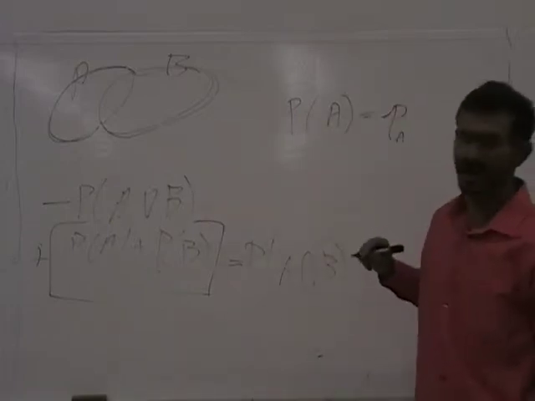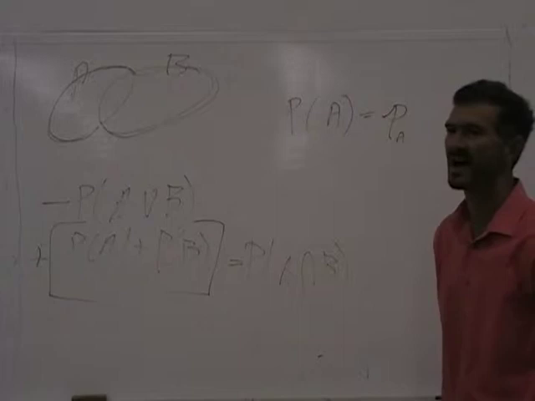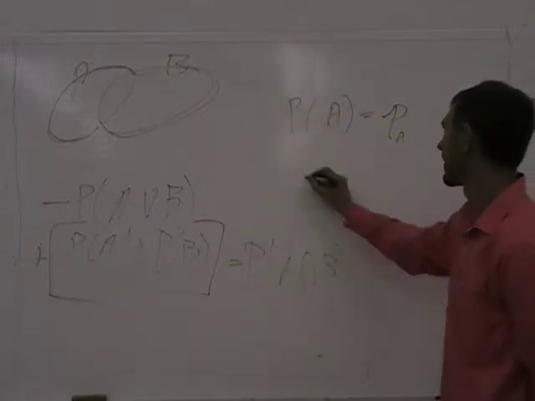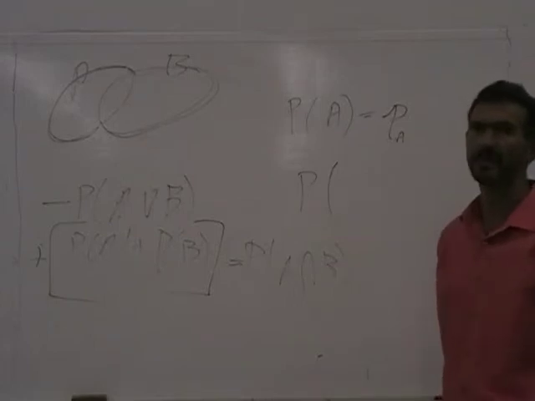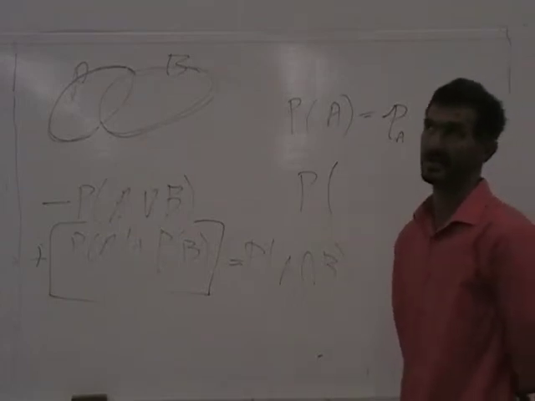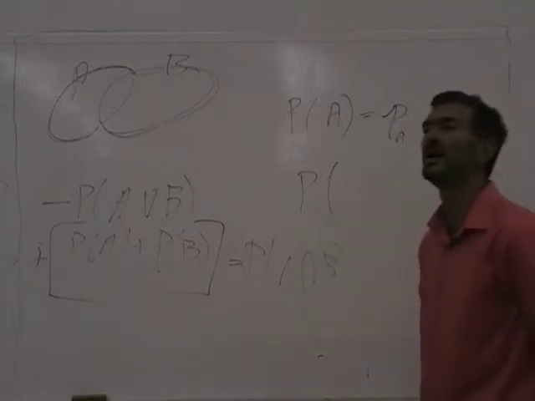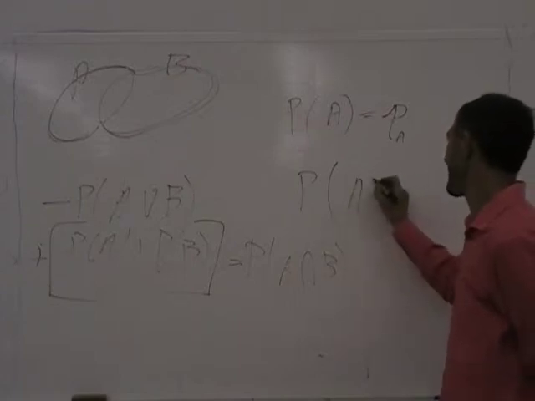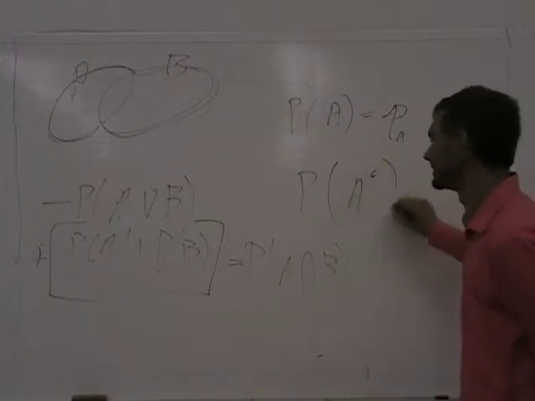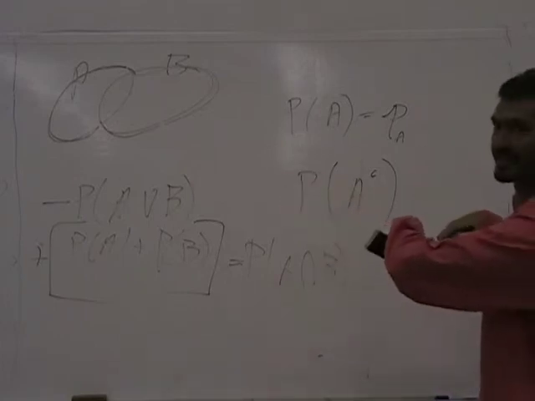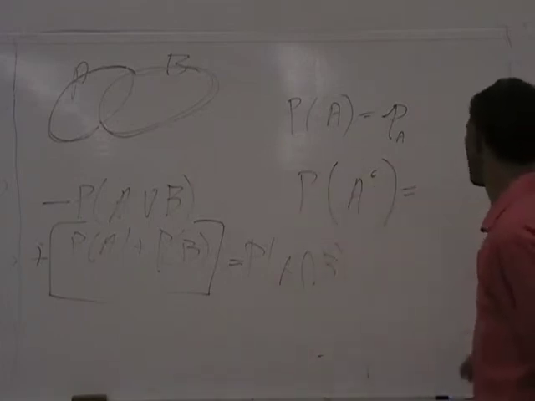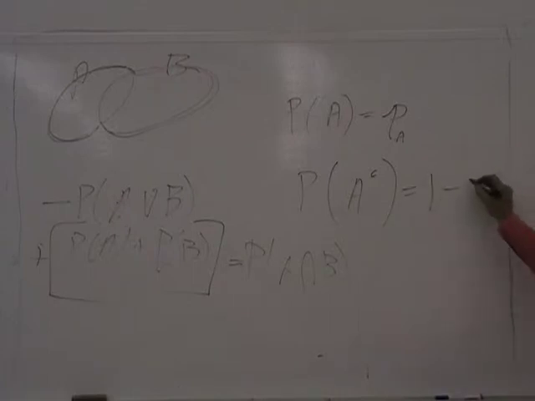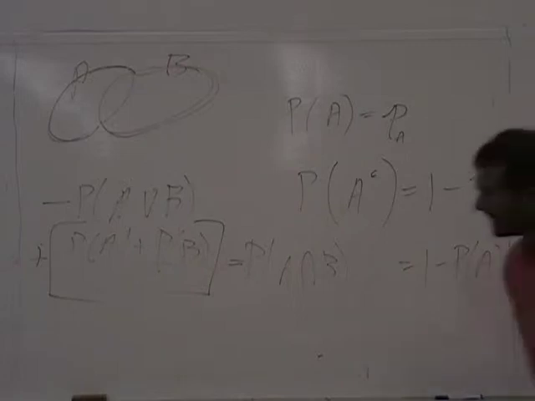And it is convenient to define in the abstract the probability of the universal complement of A. So the probability of A complement, everything that's not A, is 1 minus the number PA, which is 1 minus probability of A. Okay?